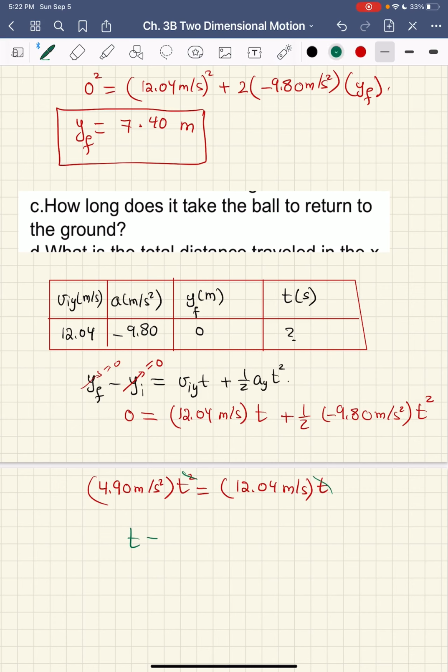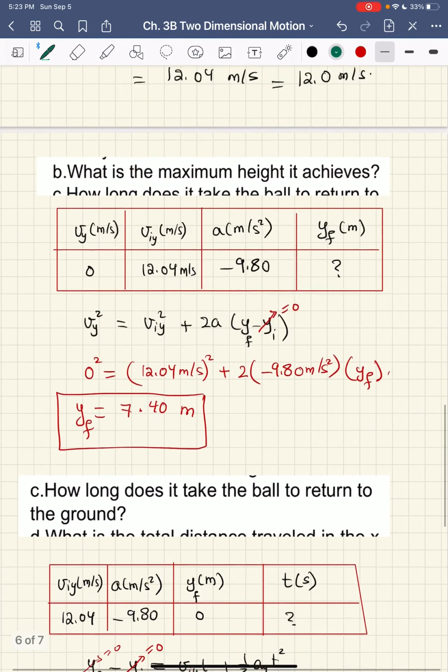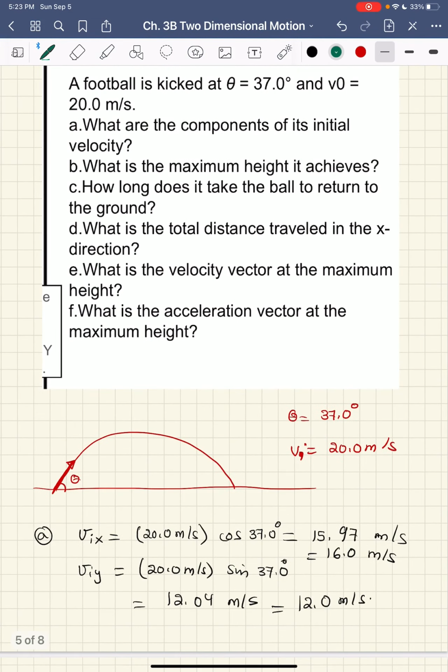Then my t is going to be 12.04 divided by 4.9, seconds, of course. Then this is the time for the total trip.